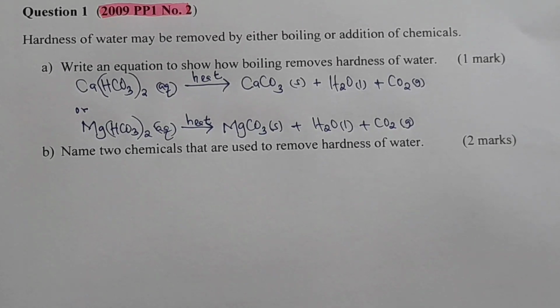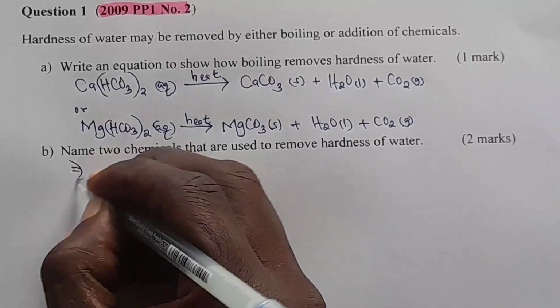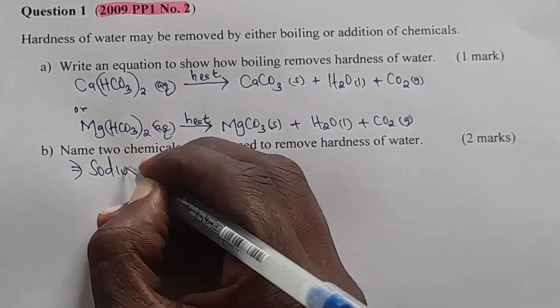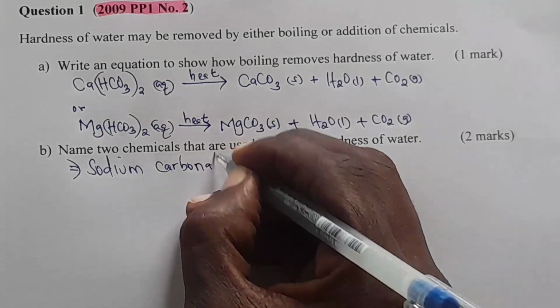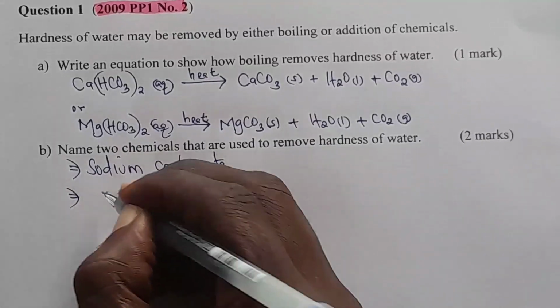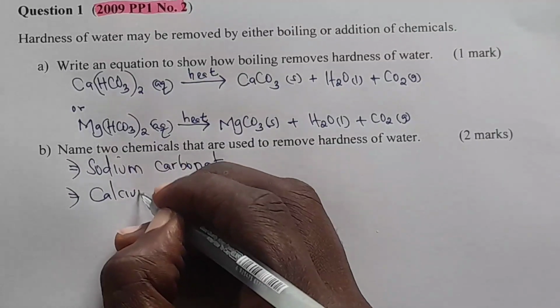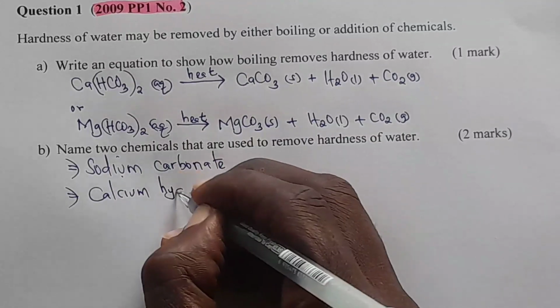Part B of the question: name 2 chemicals that can be used to remove hardness of water. Number 1, sodium carbonate. Number 2, calcium hydroxide.